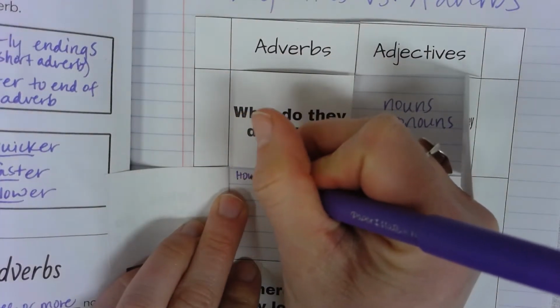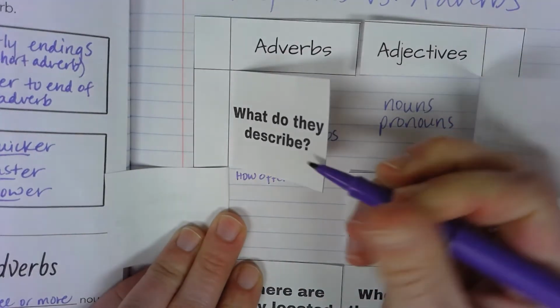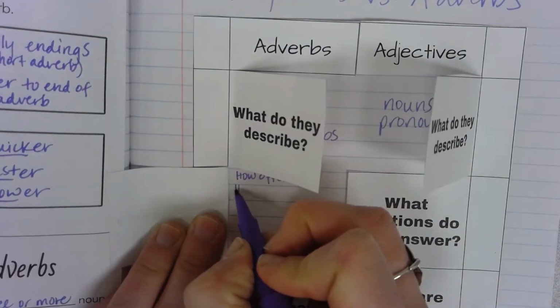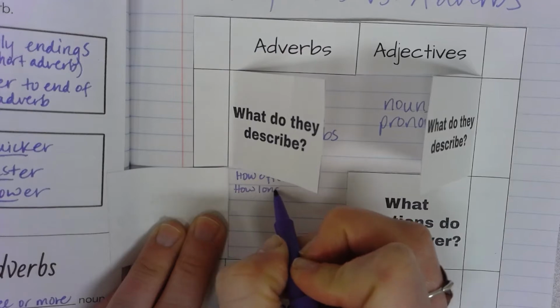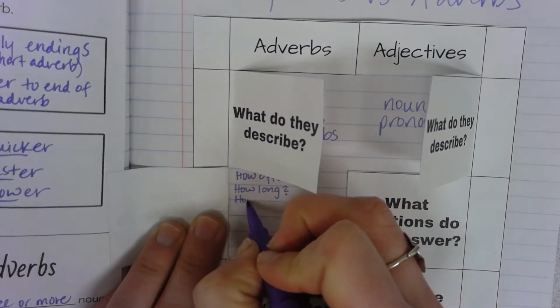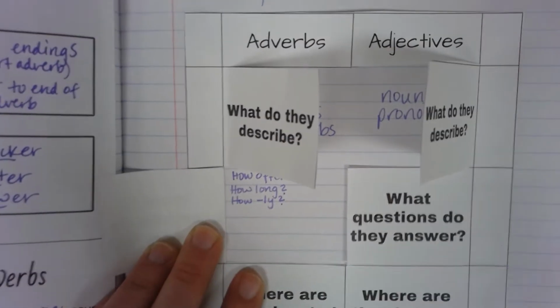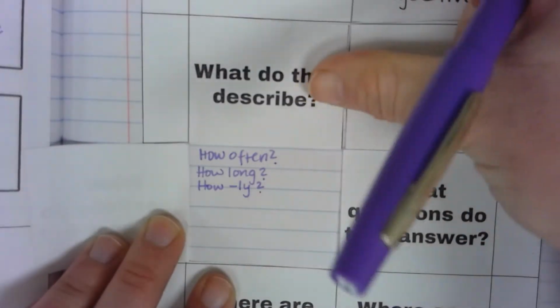I'm going to write how often, how long, how something is being done, ly. How slowly is something being done? Oh, I'm sorry, you can't see the top one. How often is the first one.